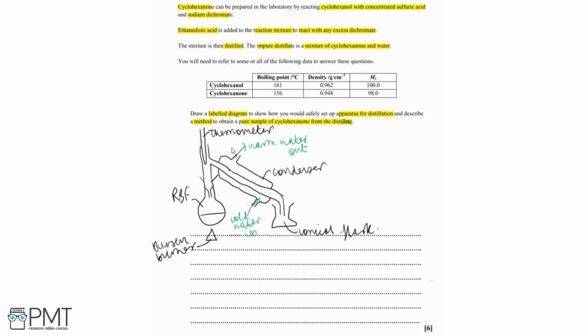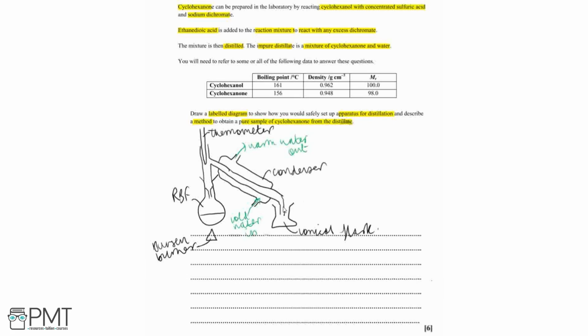Because if we had cold water going in at the top, then our vapours would condense at this part, but not fully because they'd still be very, very warm. And then when the warm water is travelling out, this could potentially evaporate our liquid again. So it's cold water in at the bottom and warm water out at the top there.